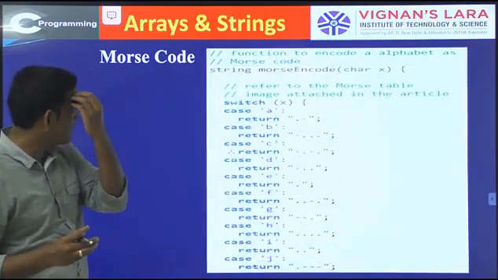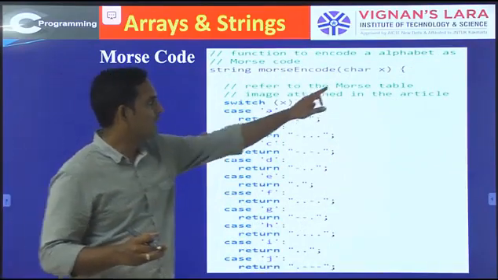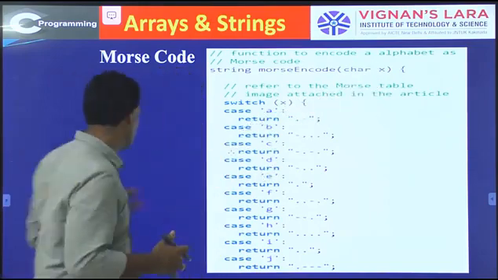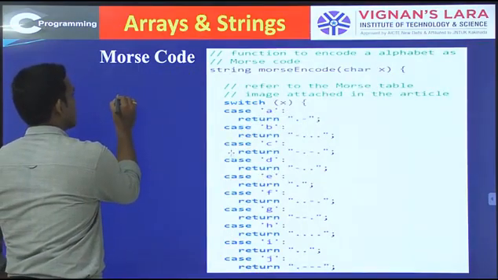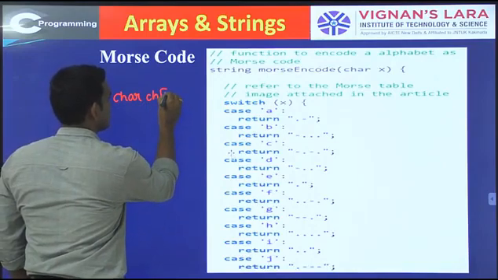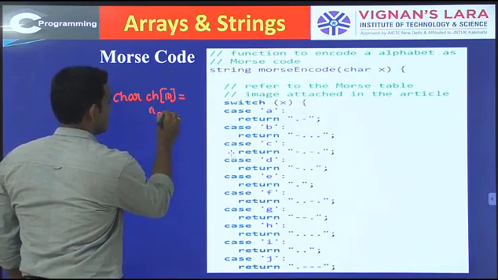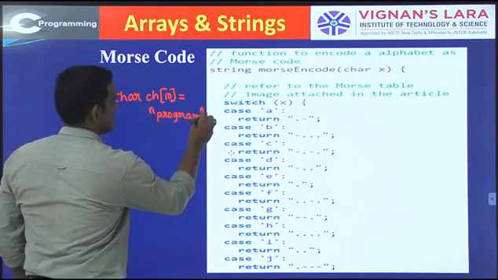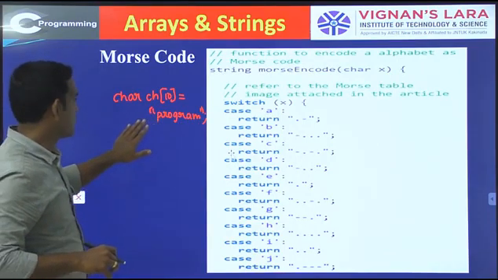The implementation is written here, where I write one function for Morse code, and for each character you retrieve from the string. Let's take a character array char ch[10] equal to program.